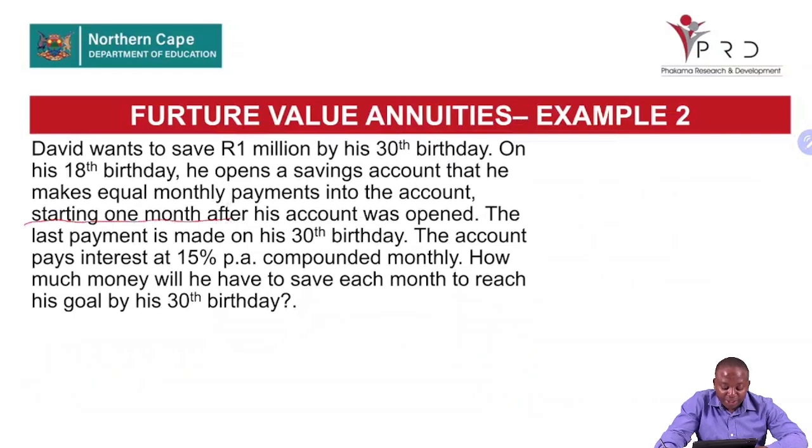The last payment is made on his 30th birthday, and the account pays interest of 15% per annum compounded monthly. How much money will he have to save each month to reach his goal by his 30th birthday?